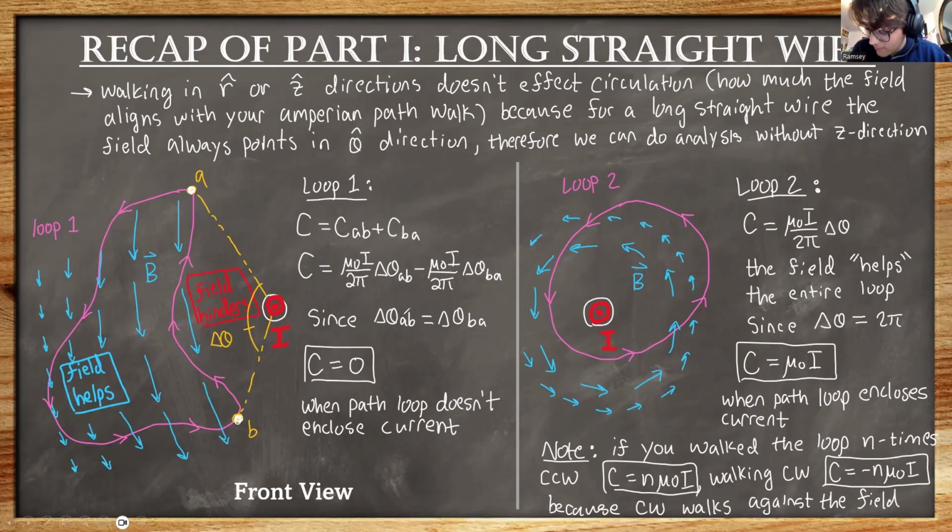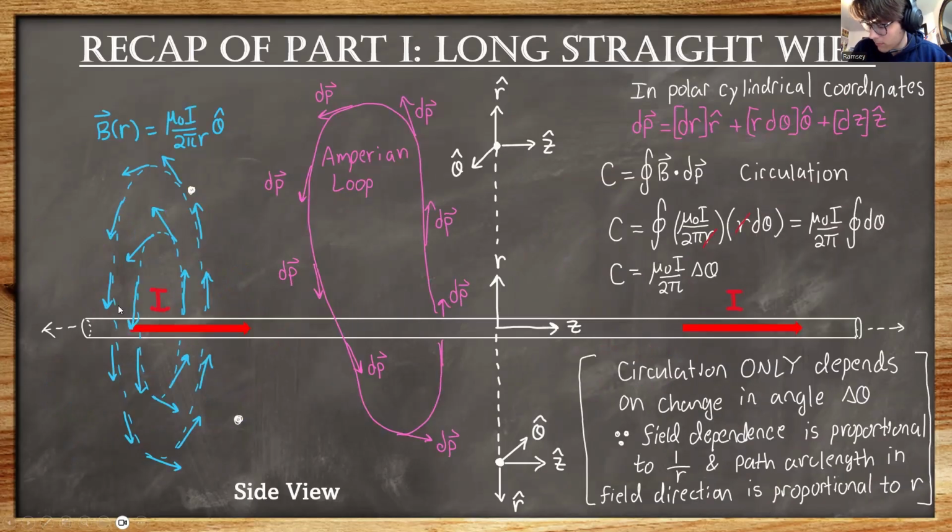I feel like I skipped through it again. I'm jumping the gun on these slides. So when we did the dot product, like you mentioned earlier, to find the circulation, we knew what the magnetic field was. It was mu sub naught I over 2 pi r theta hat. We dotted it with our small displacement on the amp loop path dp. Because it's a dot product, the B field didn't have an r or a z, so all that was left was mu naught I over 2 pi r times r d theta.